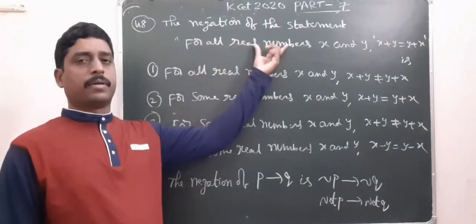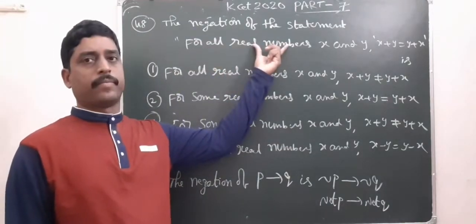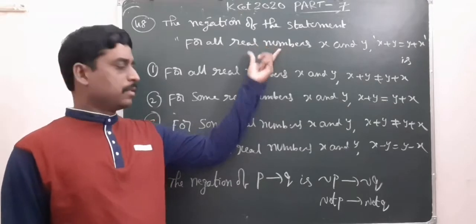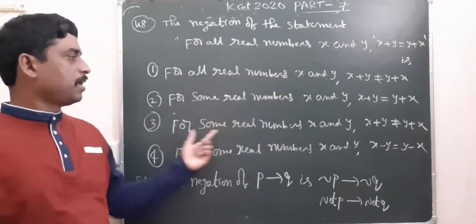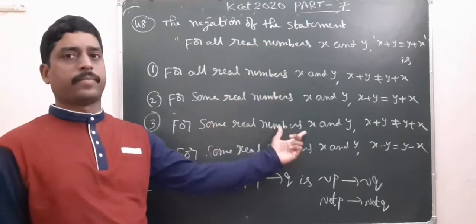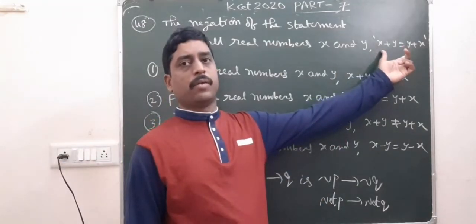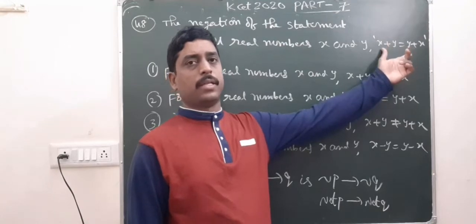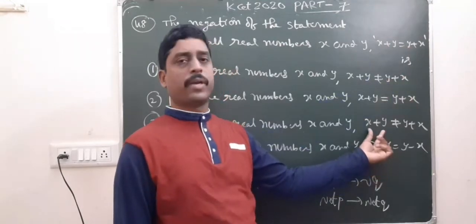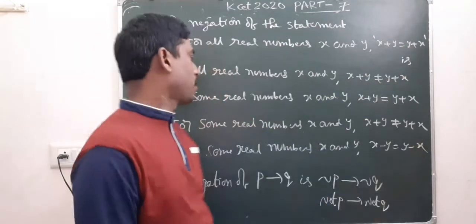For all real numbers x and y. So the negation is for some real numbers x and y. What is the Q? x plus y is equal to y plus x. The negation is x plus y not equal to y plus x. So option 3 correct.